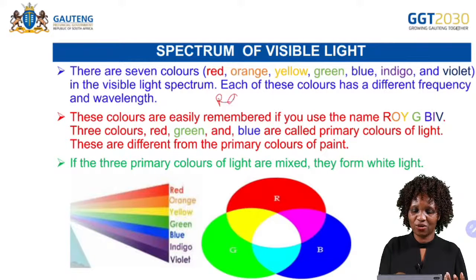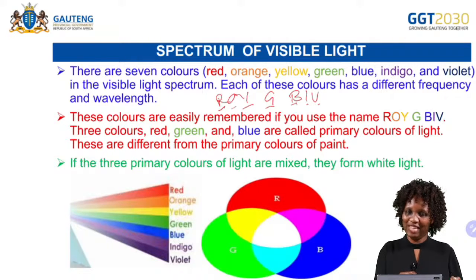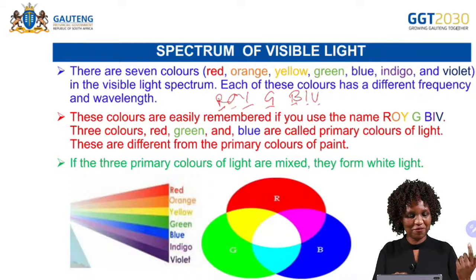ROY G. BIV is red, orange, yellow, green, blue, indigo, and violet. Each of these colors has a what? A different frequency and wavelength. And these colors are easily remembered if you use what? ROY G. BIV.